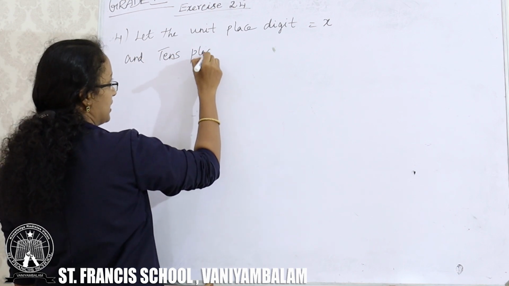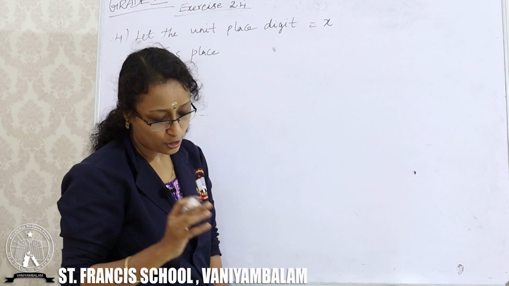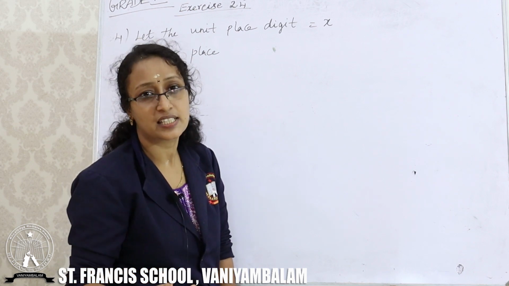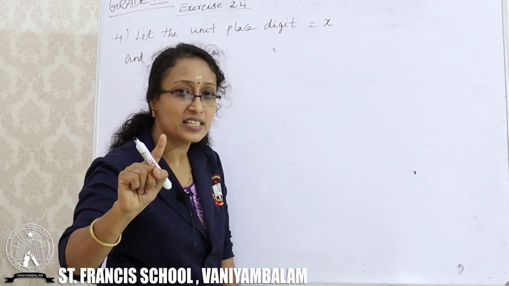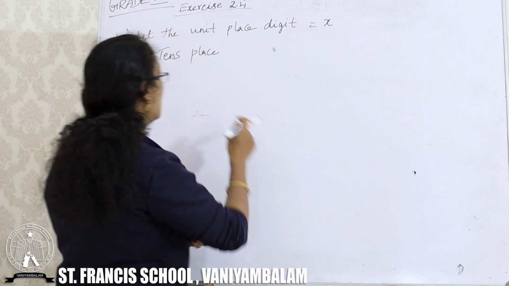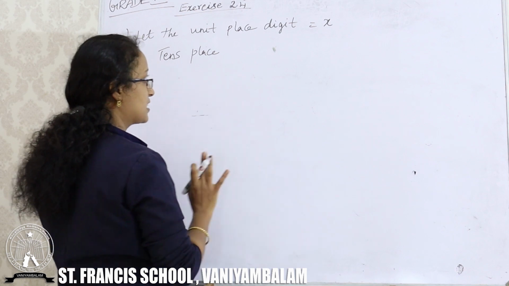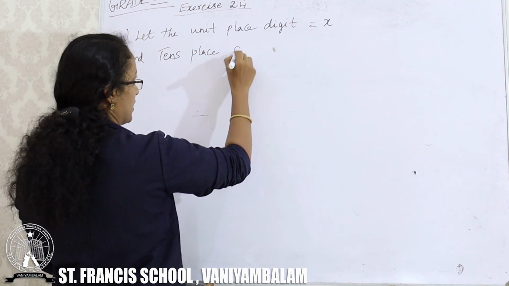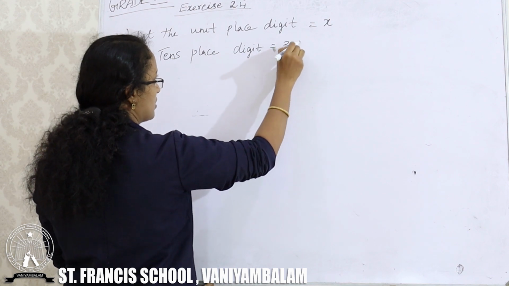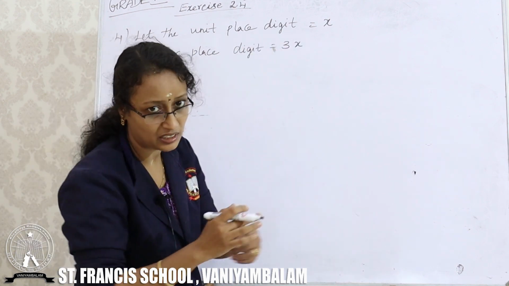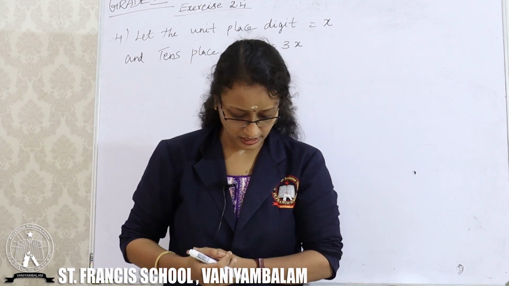It is given that in this 2-digit number, one digit is 3 times the other. So let us take the unit digit as x. So the tens place digit is 3 times the other. So this is your tens place digit: you have 3 times the unit digit, 3x.